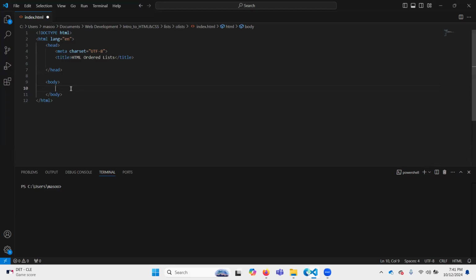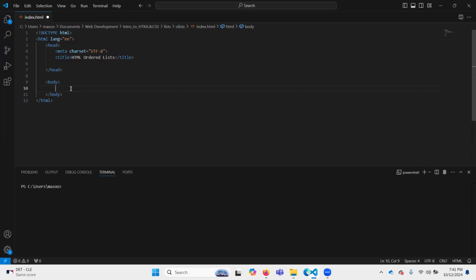It is important in an ordered list. And instead of the bullet points like in the unordered list, it's going to be numbers, like number orders. So like one, two, three.